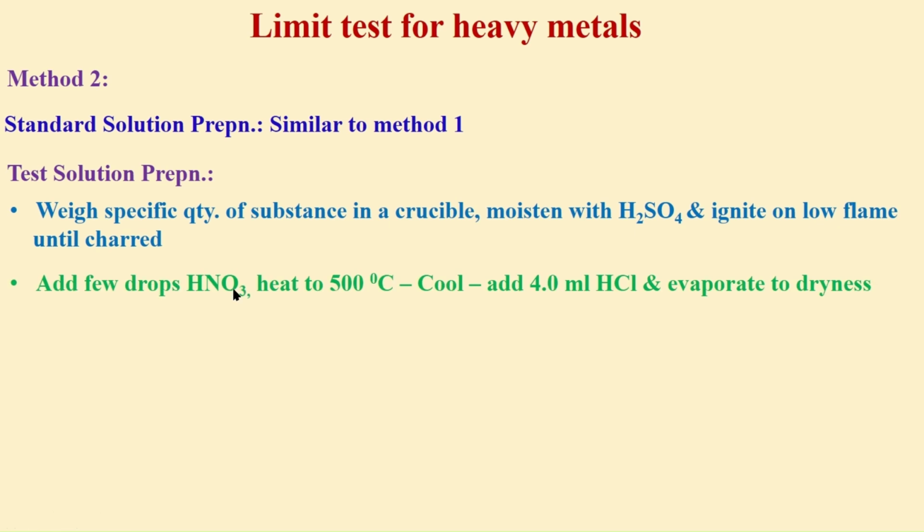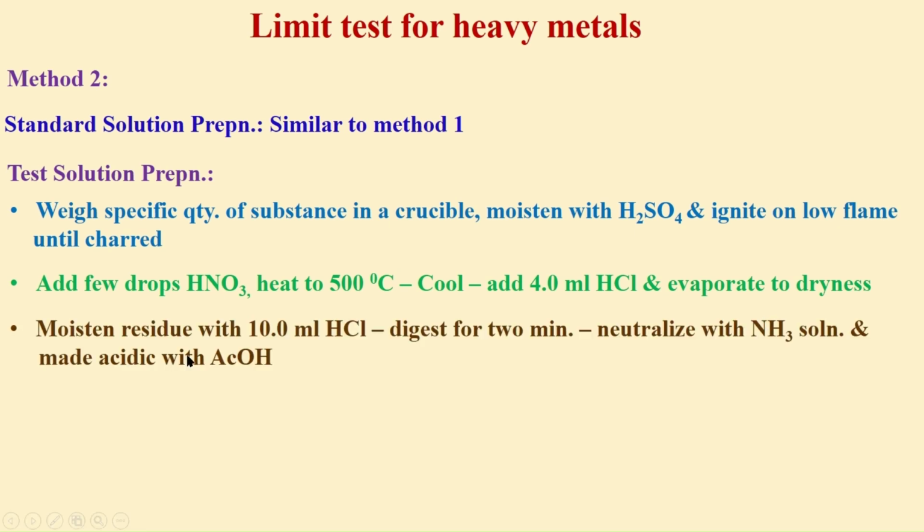To this charred substance, we add a few drops of nitric acid and heat the mixture to 500 degrees centigrade. After that, we cool to room temperature and add 4 ml of HCl, and we heat it again until all the HCl evaporates and gives a dry solid.